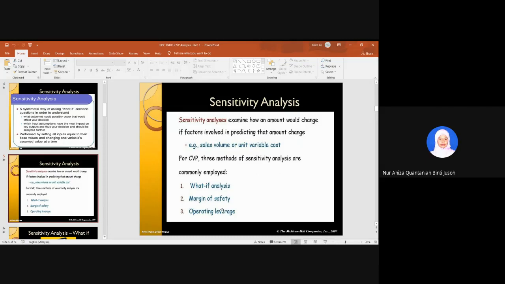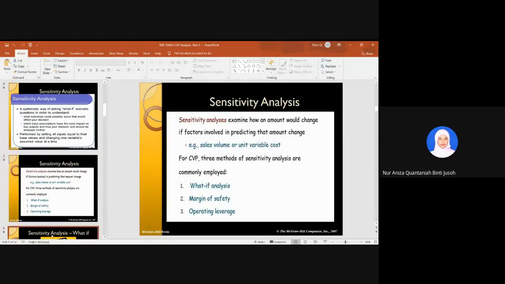Not in the finals. I will also show you the calculation later. These are the three methods of sensitivity analysis.